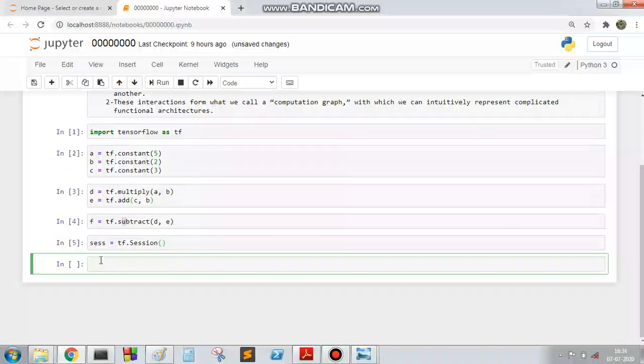Now suppose I want to execute this particular node F. So I am writing here output of graph is equal to session.run, and pass this particular node F.